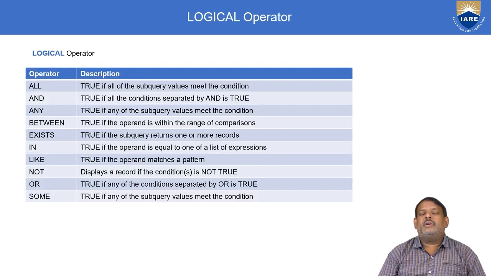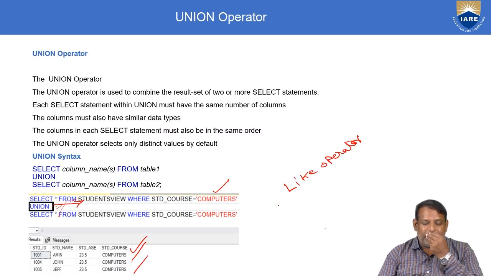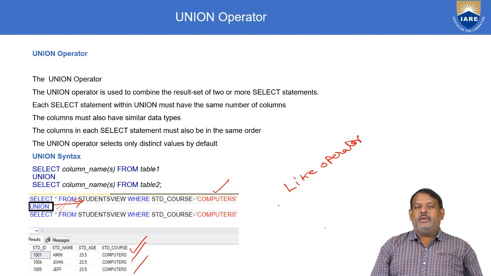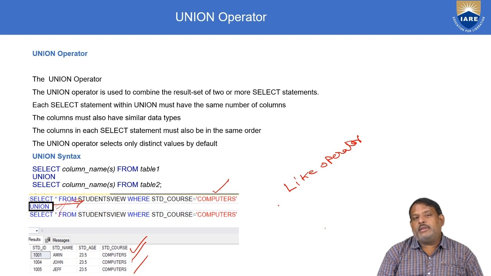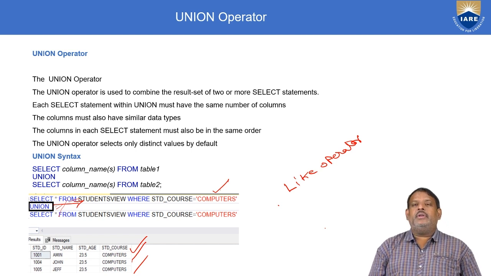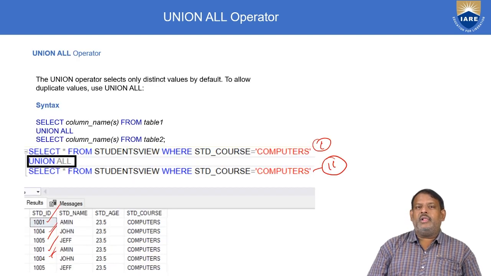Then the logical operators, arithmetic, bitwise. And UNION is used to combine two result sets. In order to combine two result sets, we use the UNION operator. In the UNION operator, three rules are there. The same number of columns should be there, the same data types, and the same column order. And UNION will remove the duplicates. Just opposite to this is UNION ALL.